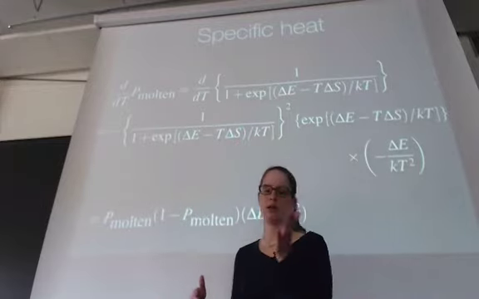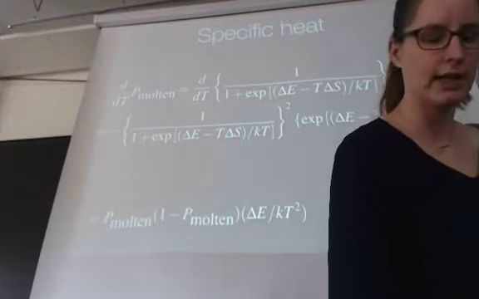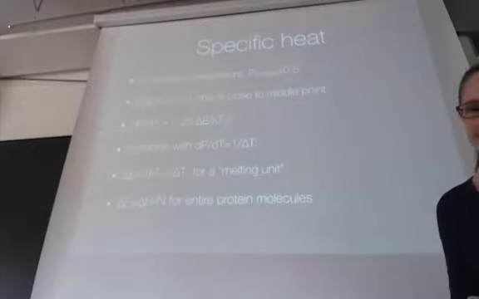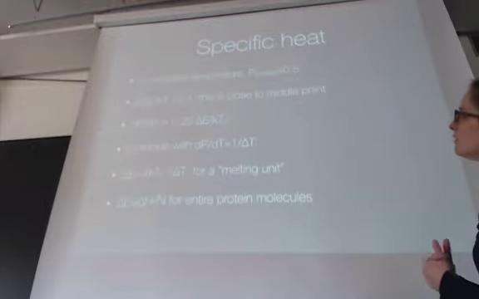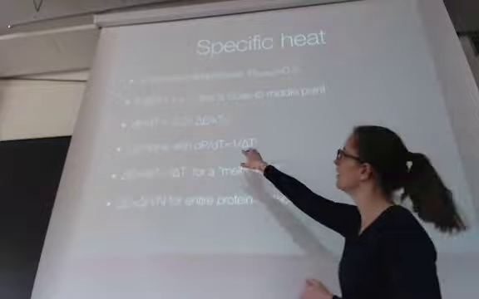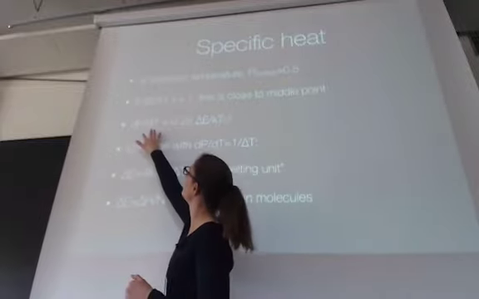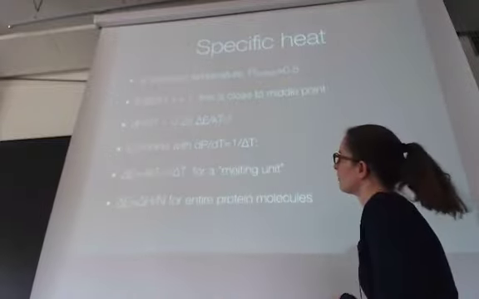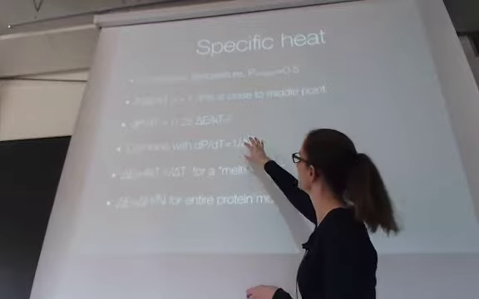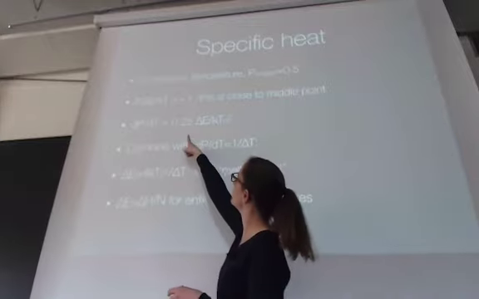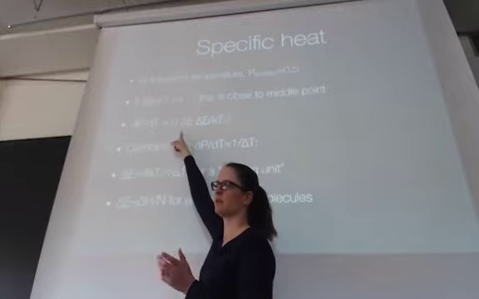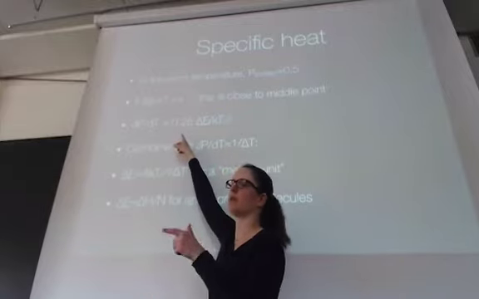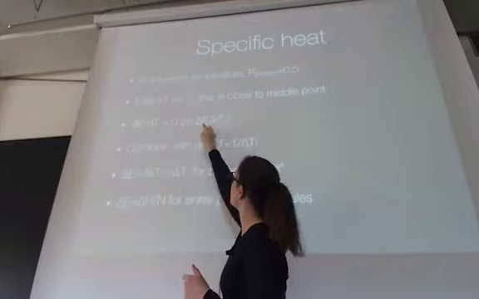Probability of being in the molten state is 1/2. And then in that case, by writing these two equations together, we find dP over dT from experiments will be equal to P times 1 minus P times this.